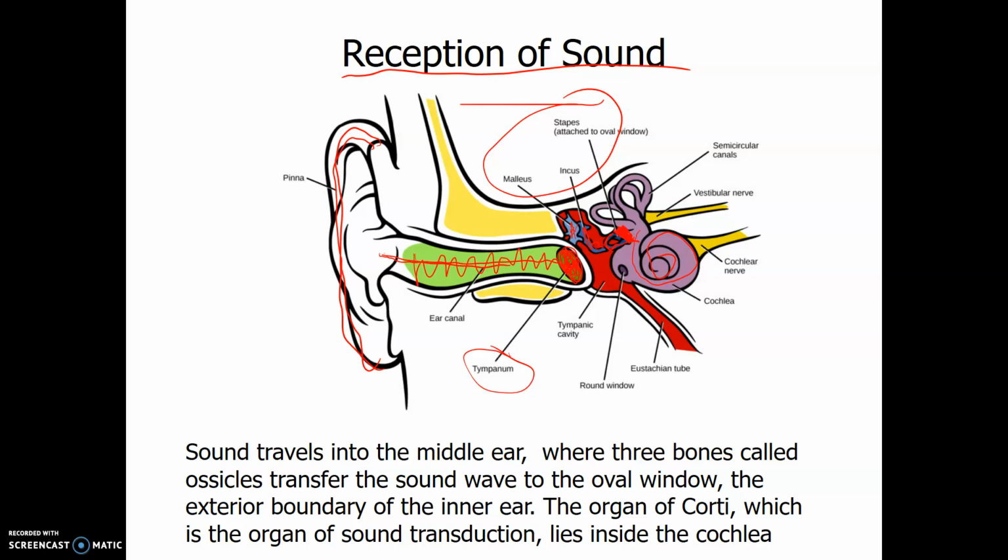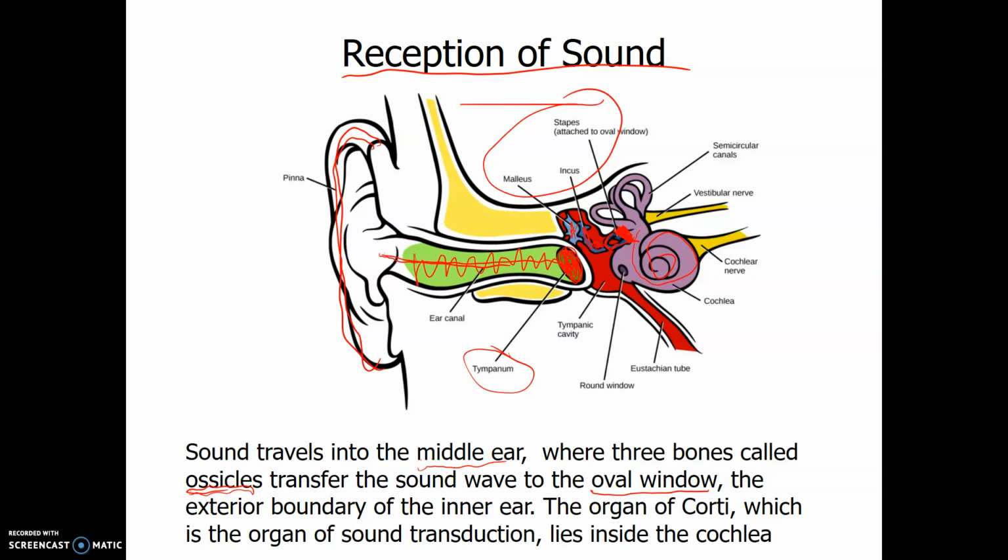So it says sound travels to the middle ear, where you have your ossicles, which are the malleus, the incus, and the stapes. The ossicles transfer the sound wave to the oval window. Then the organ of Corti is inside of the cochlea.